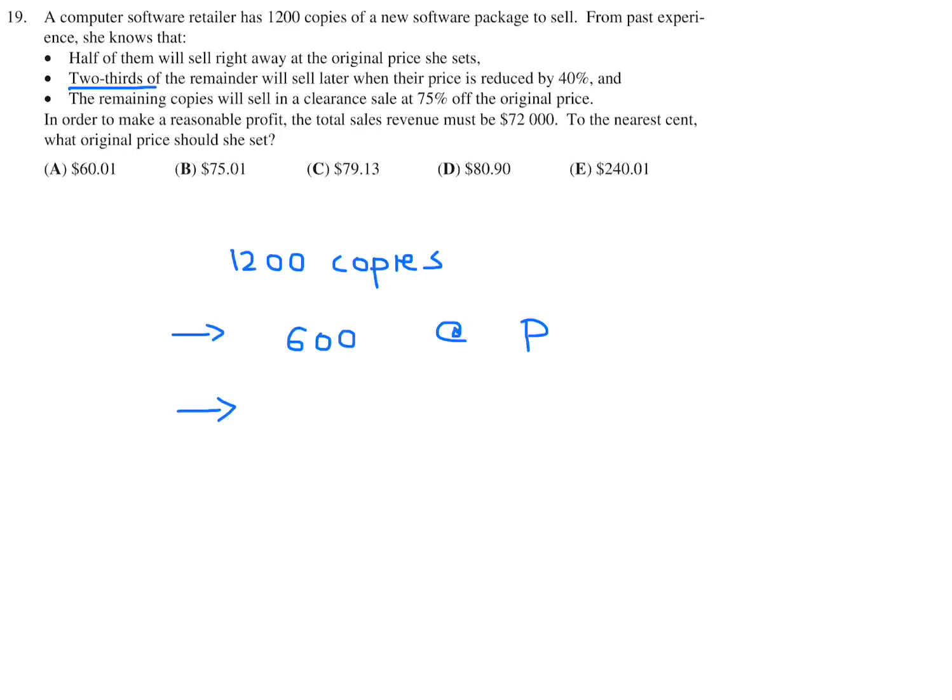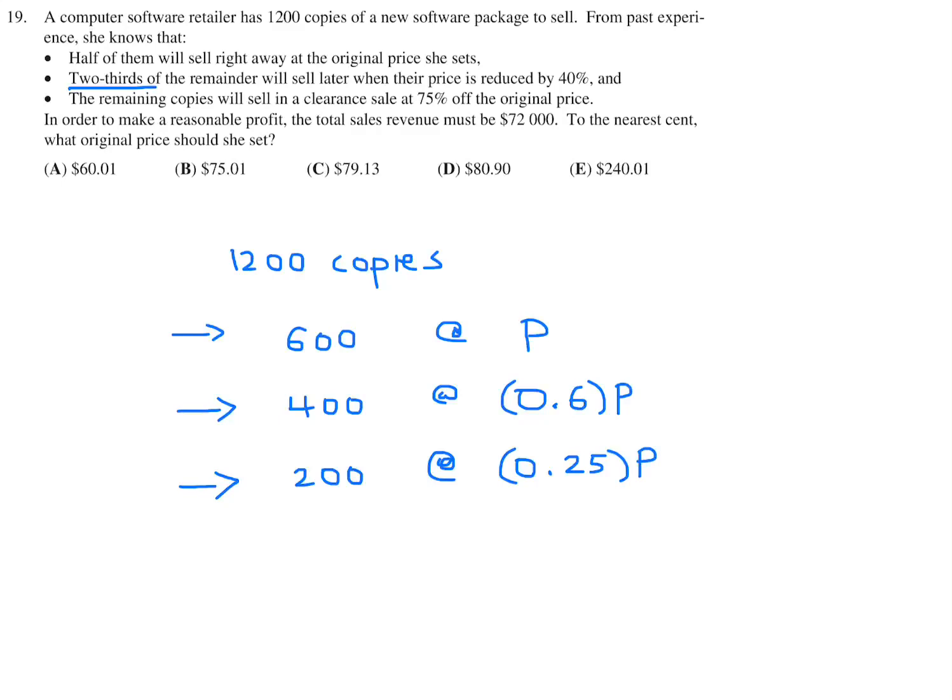So 2/3 of 600 is 400. And those 400 are going to be sold at 40% reduced price, so that's 0.6p. And then the remaining, which looks like 200 final remaining, are sold at 75% off, which would be 25% of the original price.